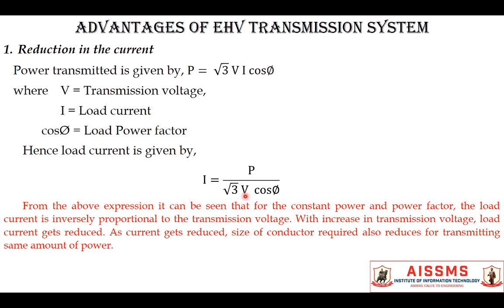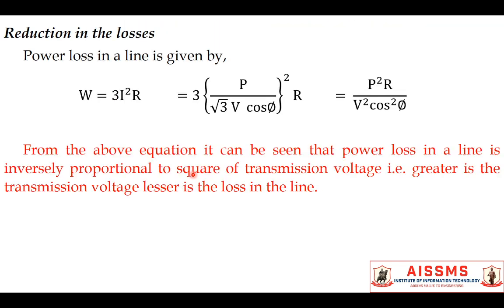With the increase in the transmission voltage, the load current decreases, and due to decrease in the load current, there will be decrease in the loss of power. So second is the reduction in the losses.